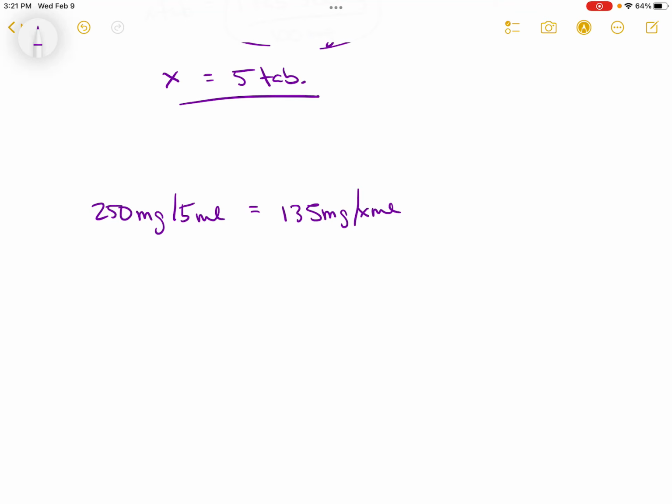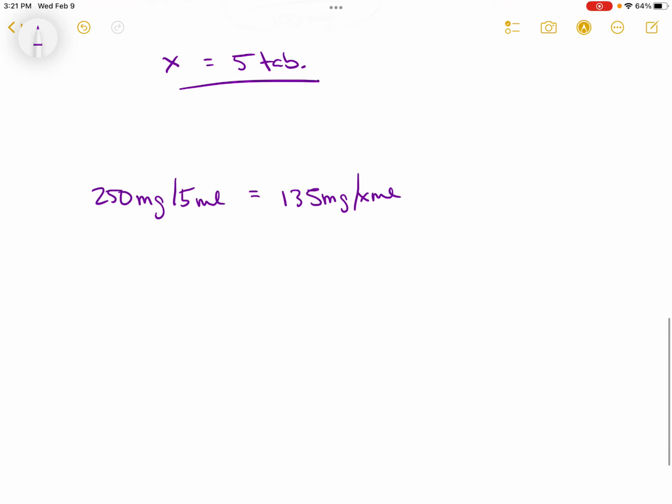Let's do the same thing that we did before. So we've got 250 milligrams and 5 mLs equals 135 milligrams in X mLs.